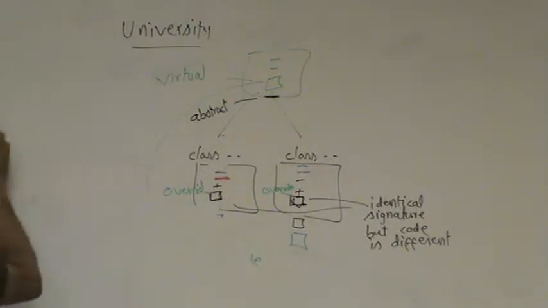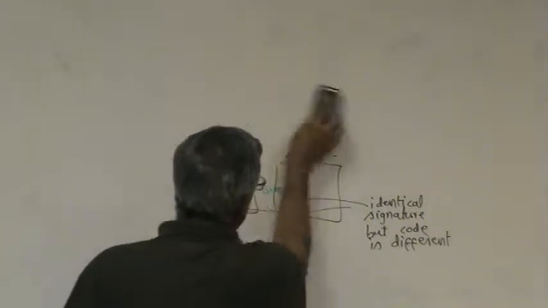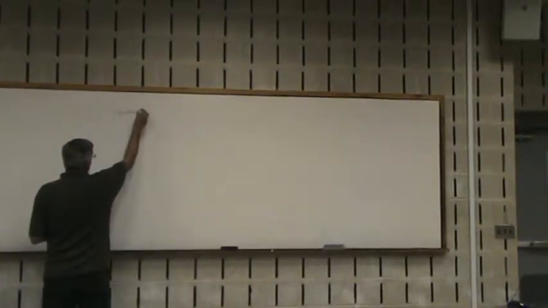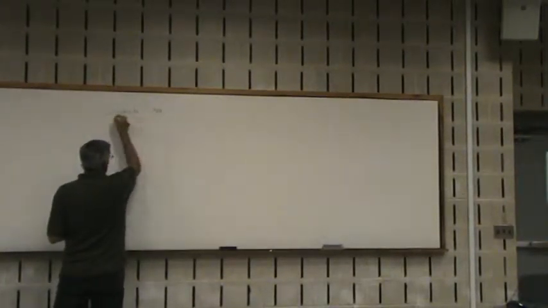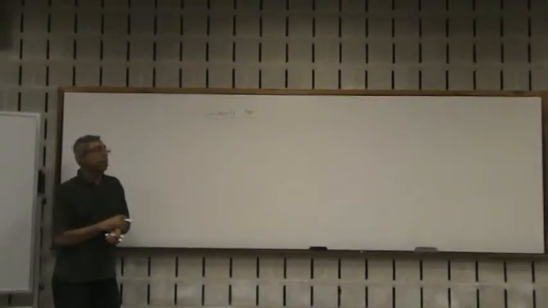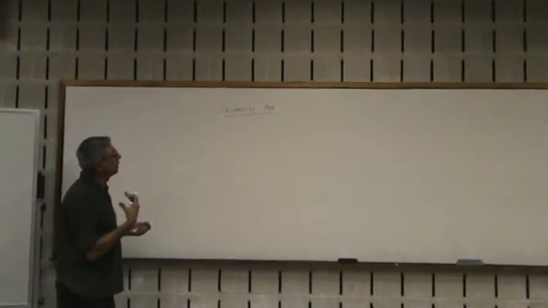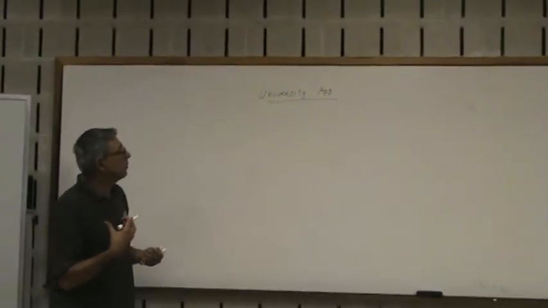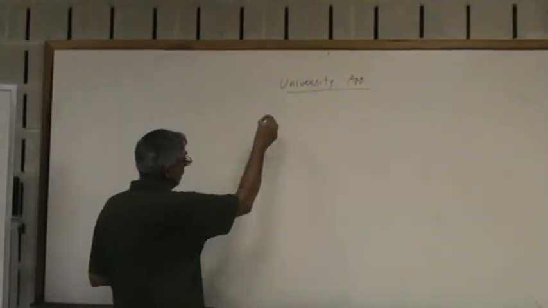Okay, so now let's pretend our goal is to create a university application. And let's pretend the real entities that we will create, meaning the classes and the objects that we will need to create in our application, are these.